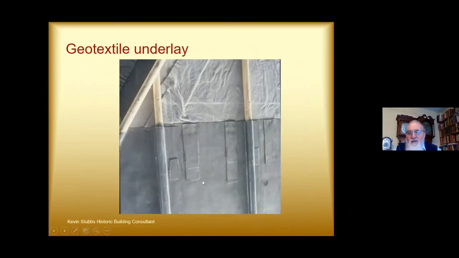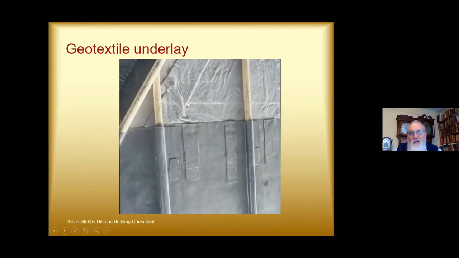So we have to think about what's happening beneath the roofs, and today you either get a warm roof or a cold roof designed with either ventilation or no ventilation underneath. It's also important to allow free movement of the lead, expansion and contraction. And so there's great discussion at the moment as to whether one should use any underlays.